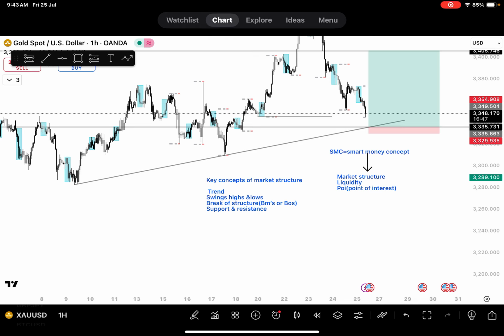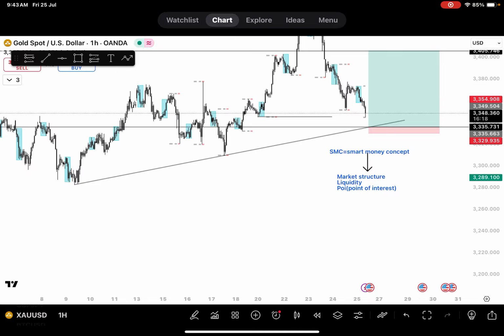The key concepts of market structure. That is basically what the key concept of market structure is all about. And I know that you guys will understand this from the way I've explained it, because I'm using light terms so you can understand very well. Now let's head down to the next part, which is the properties of our SMC.